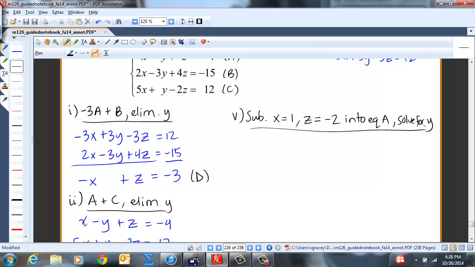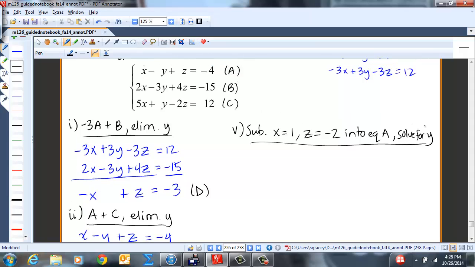So here we go. Equation A is x minus y plus z equals negative 4. We found x to be 1 and z was negative 2.